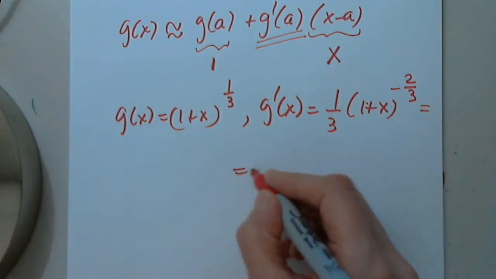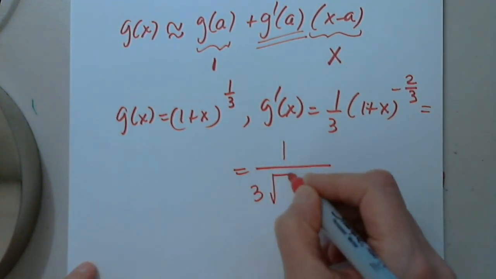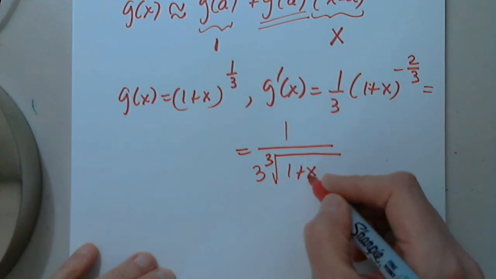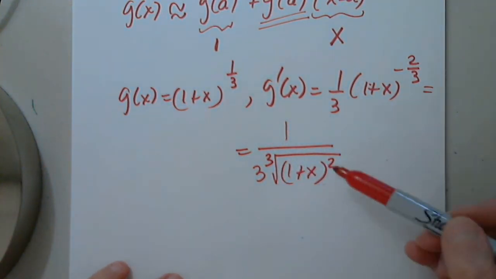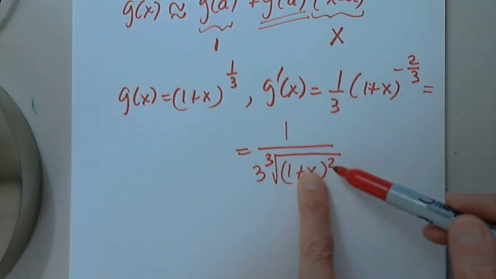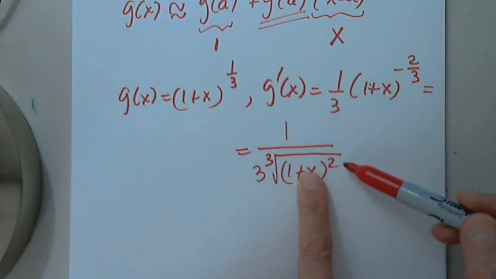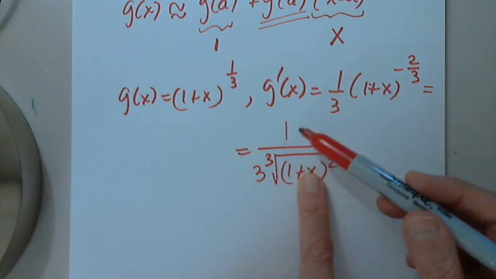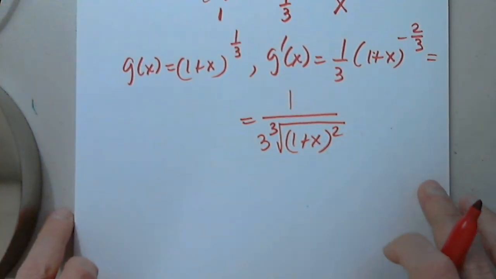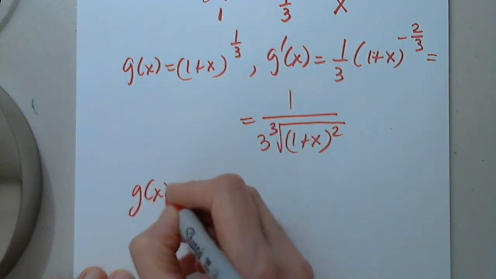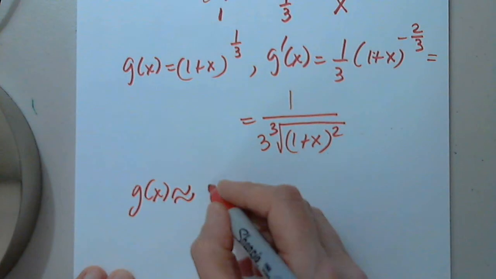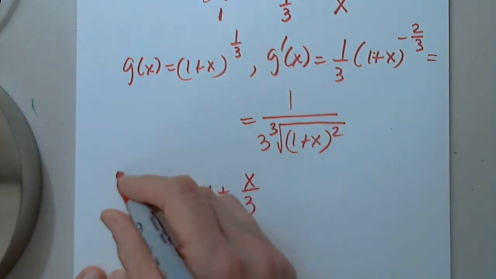So this is the same as 1 over 3 times the cube root of 1 plus x squared. Now when I plug in 0 here, this is all 1. The cube root of 1 is 1, and I get 1/3. So the linearization or the approximation of the function is 1 plus x over 3.